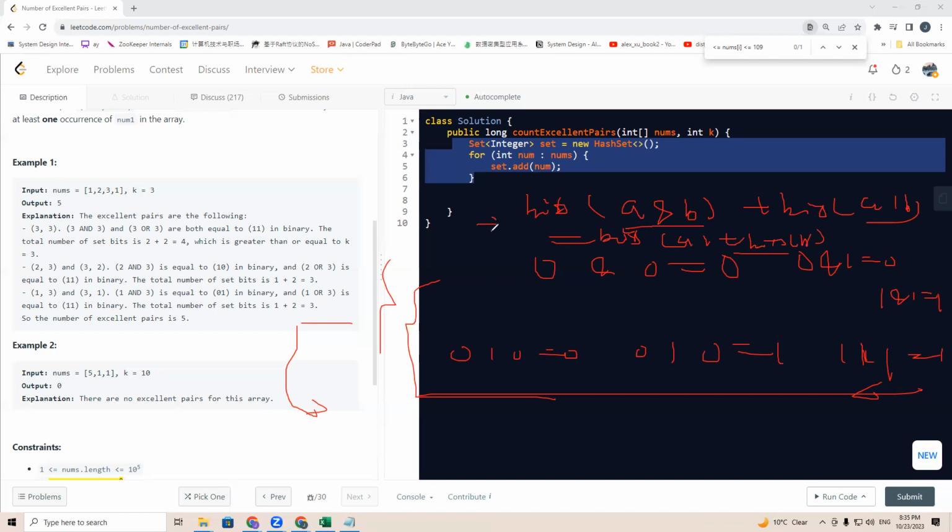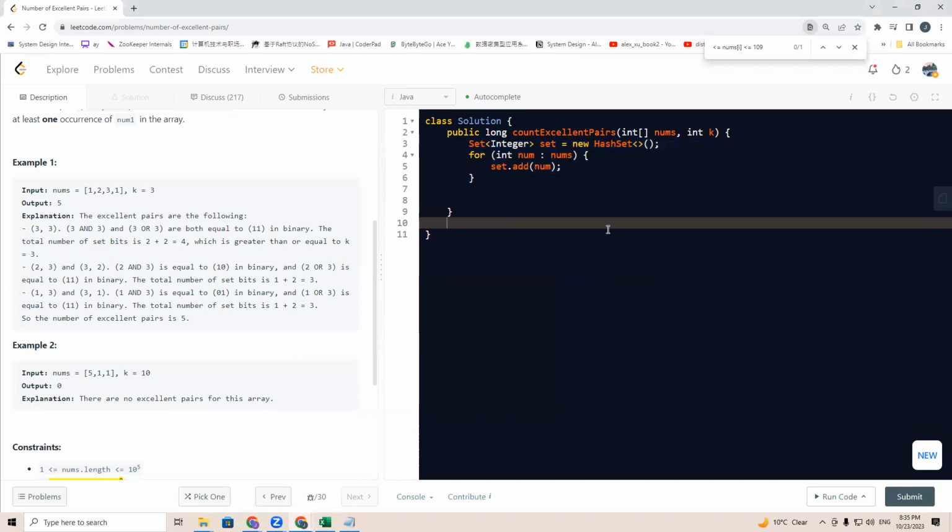So we can use this property. For every number, we calculate its bit count. To calculate the bit count of a number is pretty simple: count bits in num.